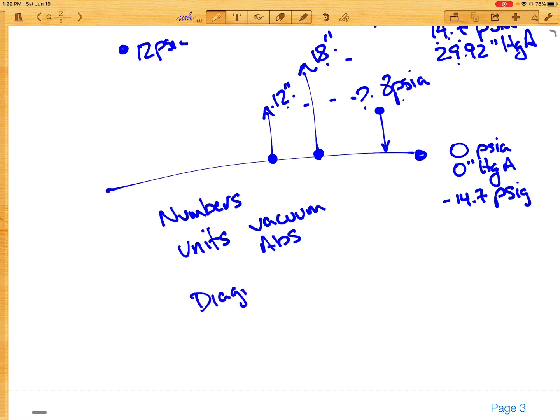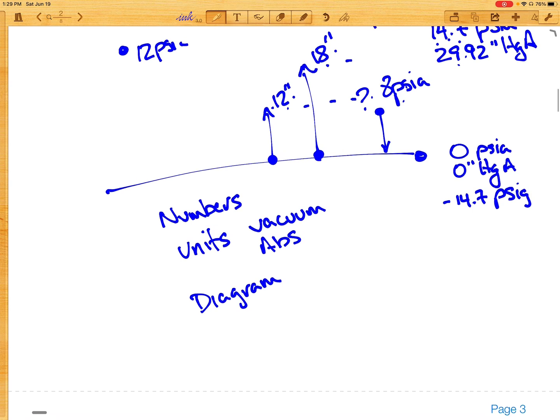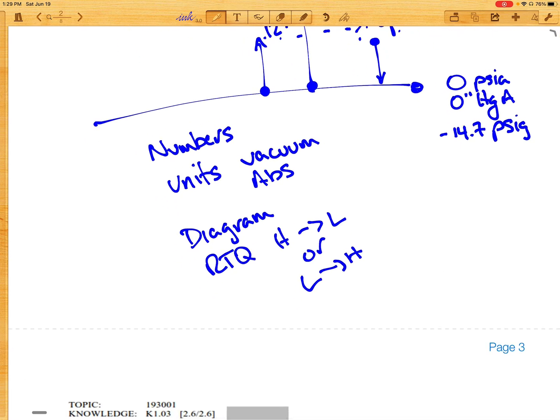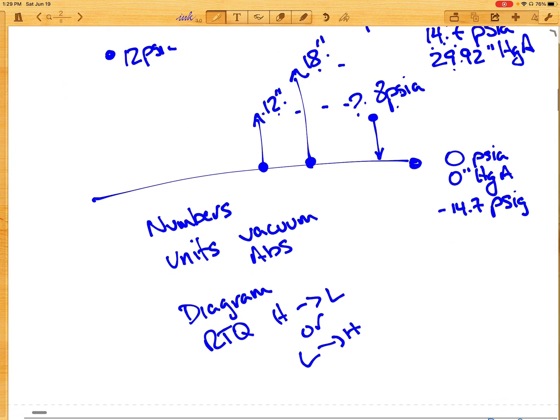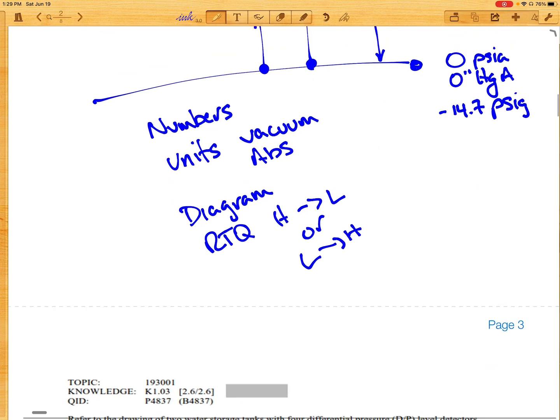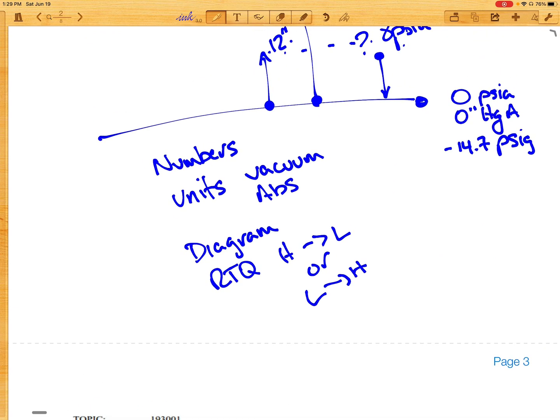Diagram. Once you draw on that diagram, you will miss this if you don't. And then read the question, like highest to lowest, lowest to highest, and eliminate possible distractors if you can, which we did with 3. So the distractor elimination.